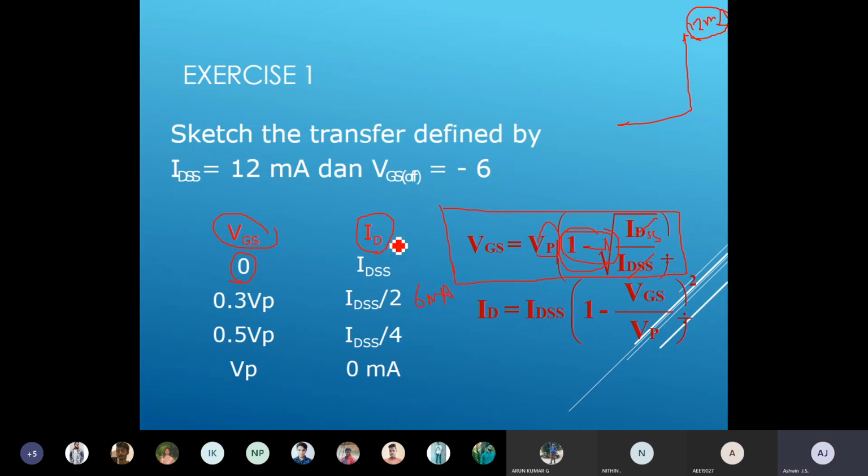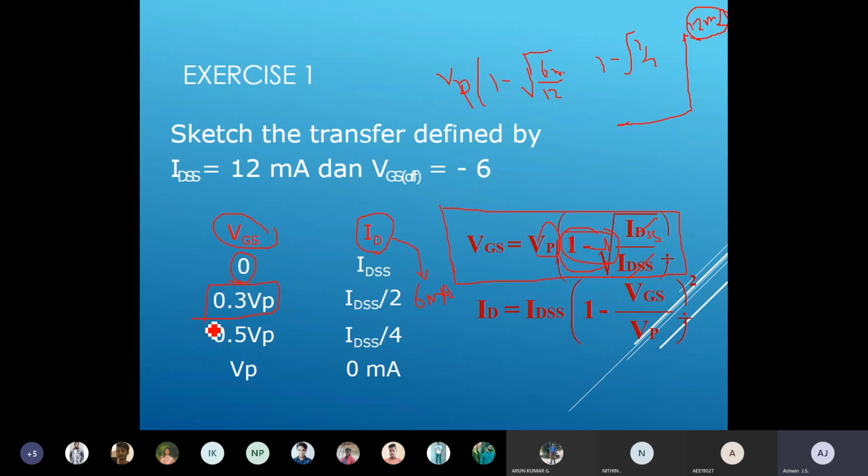In this equation I will substitute VP, which I don't know yet, into 1 minus root of 6 divided by 12 milliamps. The milliamps get cancelled, and it becomes 1 minus root of 1 by 2. After that I got an answer like 0.3 VP.